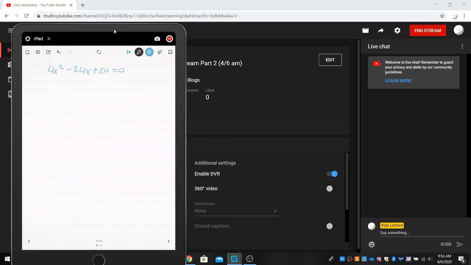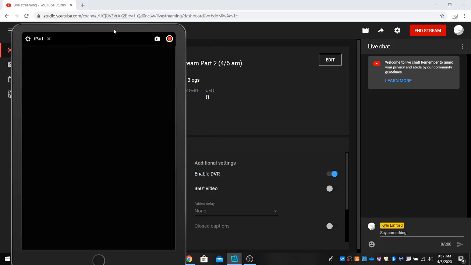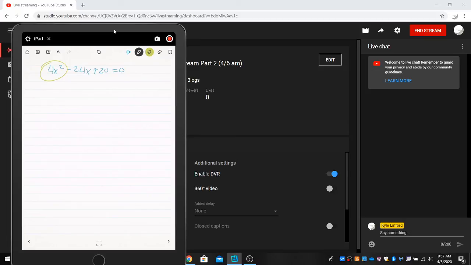Okay, given this polynomial, I want to complete the square with it. Now, I can't go ahead and do that just yet, because this coefficient is not a 1. To complete the square, it's got to be a 1. So how can I make that leading coefficient a 1?